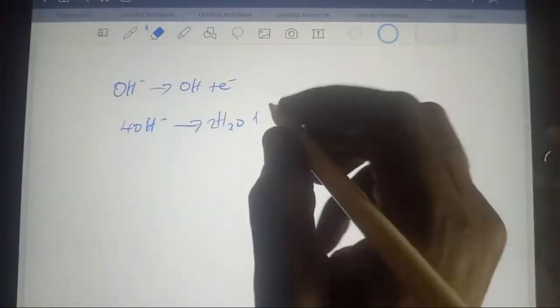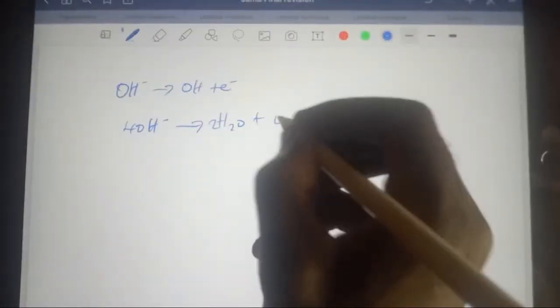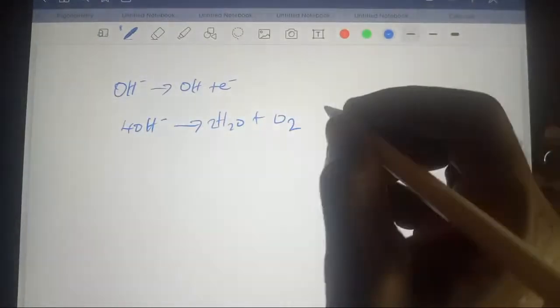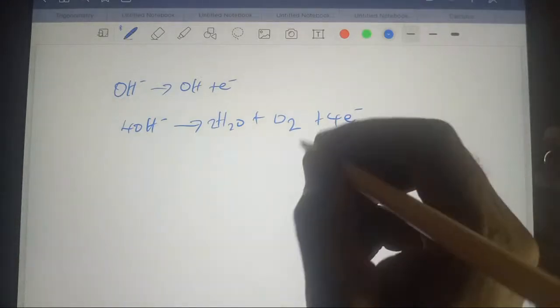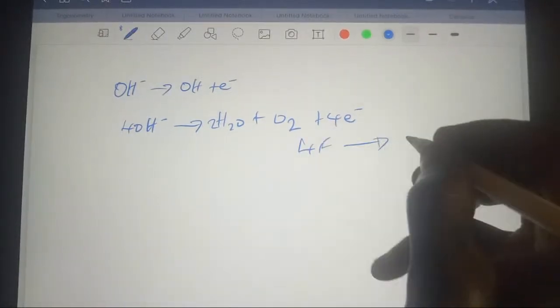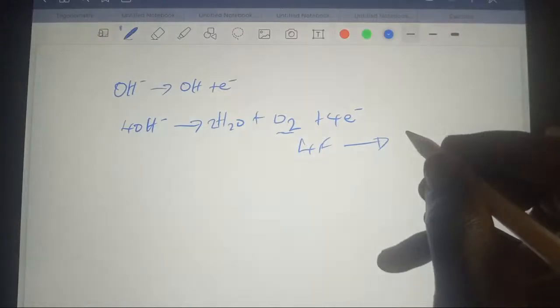So we have 4 hydroxyl ions, forming 2 molecules of water, plus oxygen, O2, that balances the equation, then plus 4 electrons. It means that 4 Faradays are required to discharge only 1 mole of oxygen.